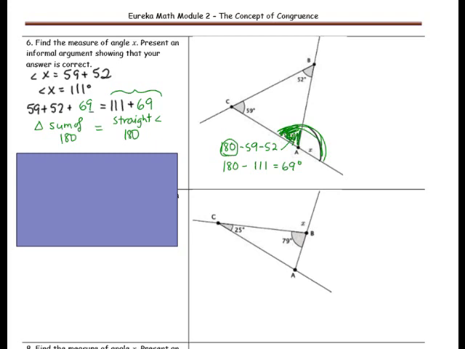So I used the 69 degrees along with the other two interior angles to get the triangle sum of 180. And then on the right side of my equation, I used this straight angle of 111 degrees plus 69 degrees equals 180 degrees to show that my answer is correct.